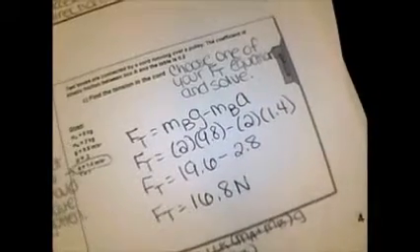So that gives us 19.6 minus 2.8, which is going to give us a tension of 16.8 newtons. And you could use the other equation too. This one just had less steps.